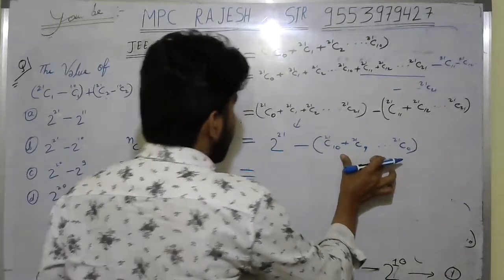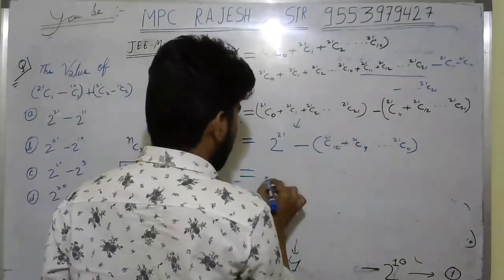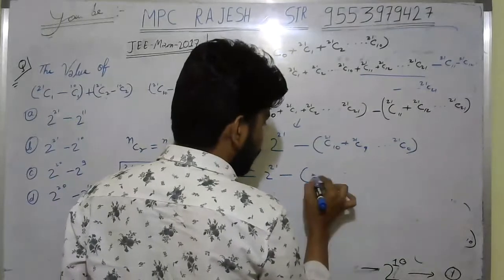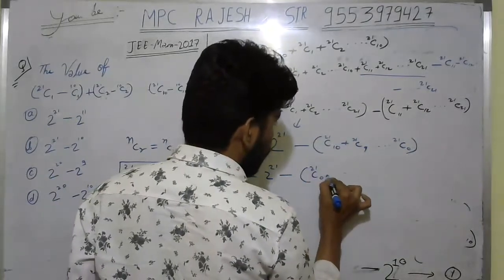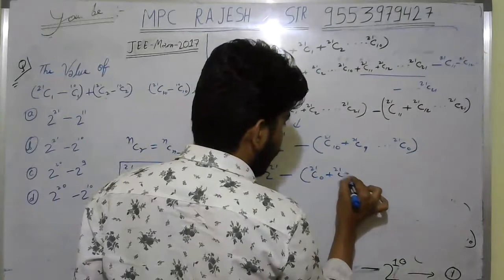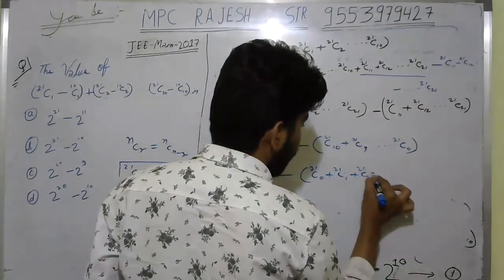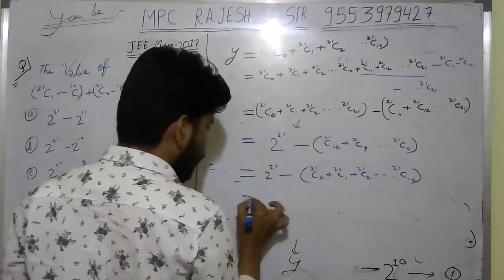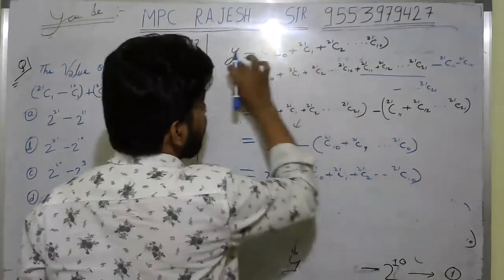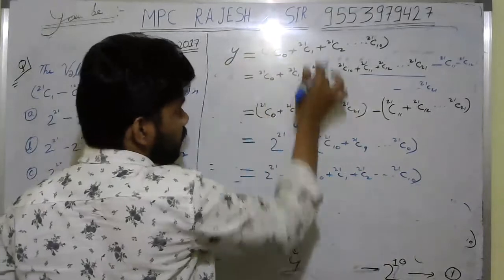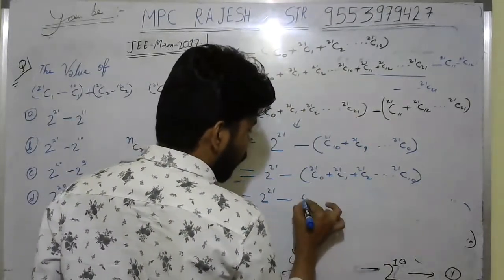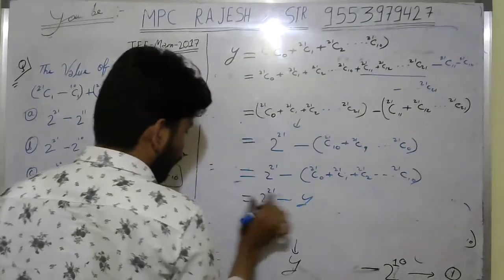You can write this in this form: 0, 1, 2, 3. No problem. You can write first and last, like 21C0 plus 21C1 plus 21C2 up to 21C10. And remember one thing, 0 to 21 is the value, your question only, same thing. So you can write 2 to the power 21 minus this whole equal to y. No problem.